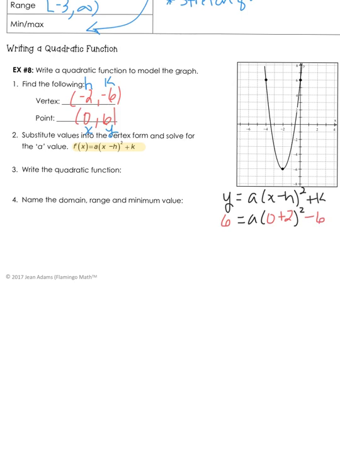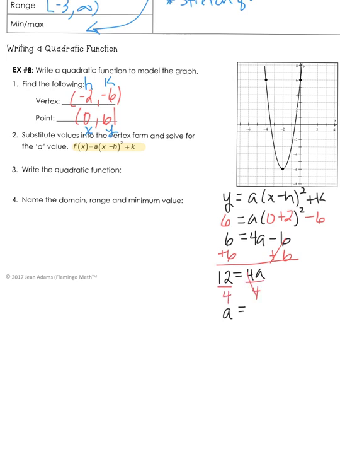So then from here you're just crunching the numbers. 0 plus 2 is 2, squared is 4, times a is 4a. Minus the 6, and then we have a 6 on the left. So then if I add 6, I get 12 equals 4a, and then divide by 4.